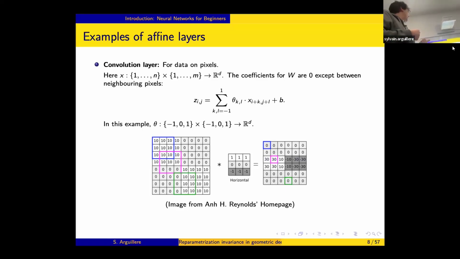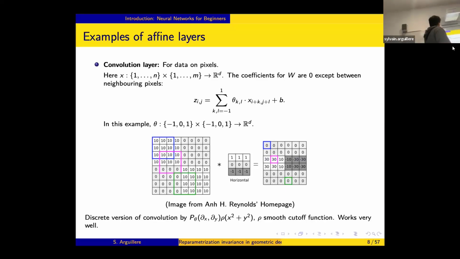Sometimes it's looked at as some kind of local average, but you can do a lot more things, because if you take these coefficients as linear combinations for what happens here, you get partial derivatives in the vertical direction, for example. So if you imagine the image as a continuous function, instead of a pixel by pixel function, you can see these convolution layers as actual convolutions by something that looks like this.